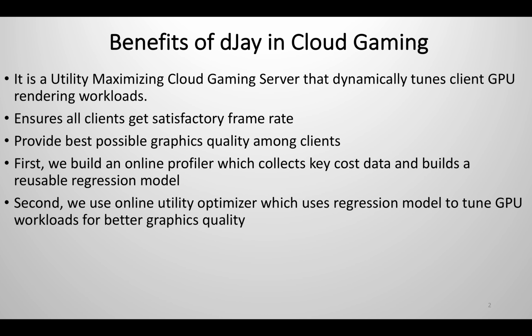By this we mean that we'll make a utility optimizer which will use the regression model which has been made in the first step to tune the GPU workloads. The workloads will vary, and we'll have to have a particular system where the FPS is maintained.